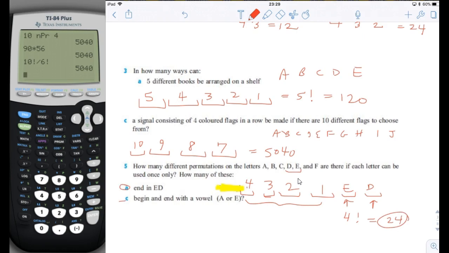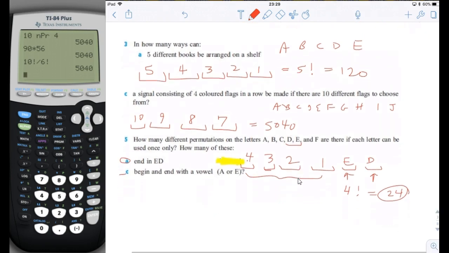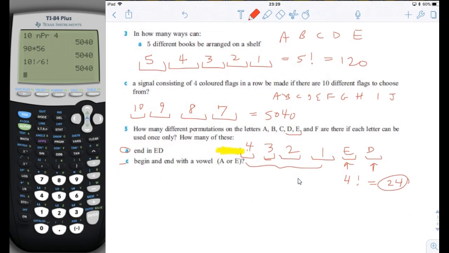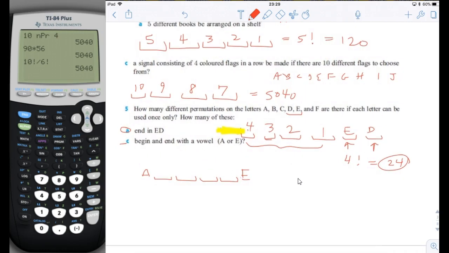What about C? It says begin and end with a vowel, A or E. Okay. So that would mean that one of the possibilities would be A, blank, blank, blank, blank, E. So like all the permutations that look like that.